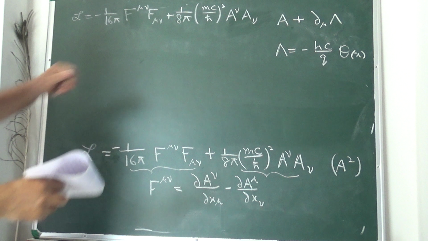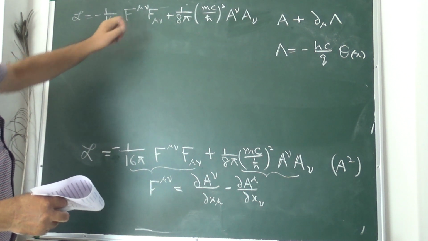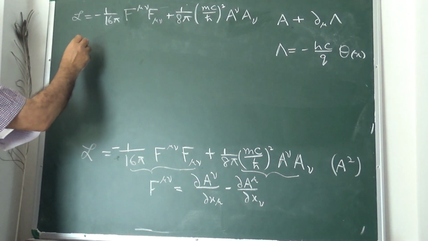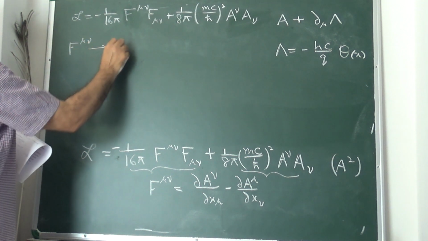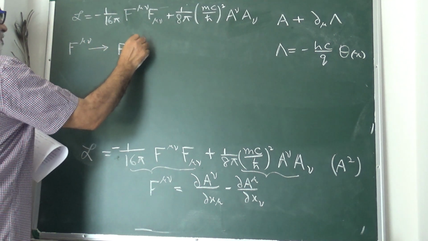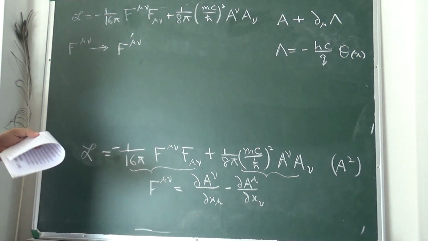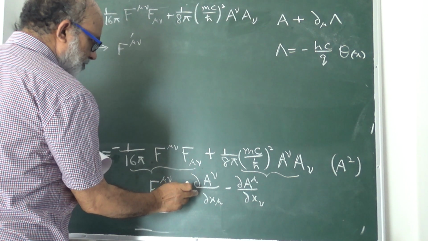Now we want to find how F mu nu transforms under the transformation. Suppose F mu nu is transformed to F prime mu nu. So this is the transformed part. F mu nu is del mu A nu minus del nu A mu.